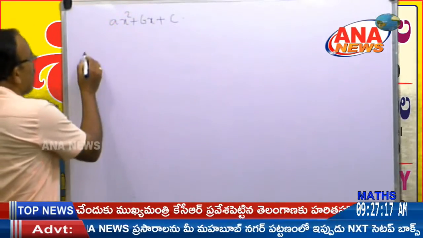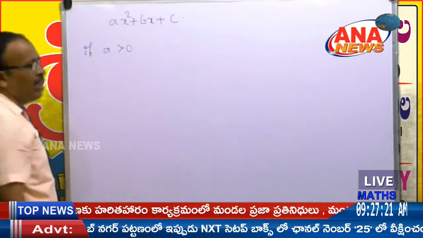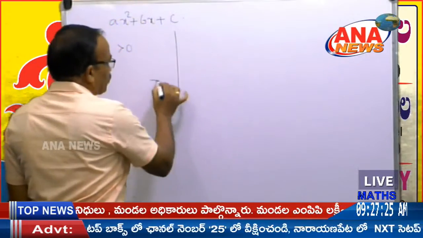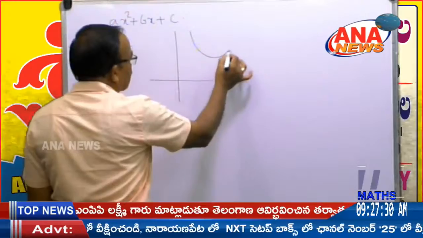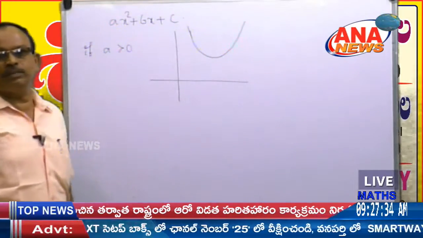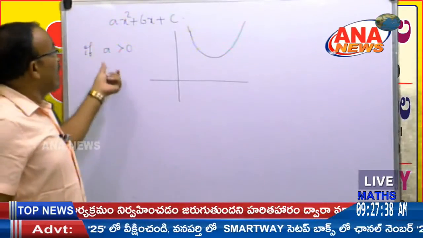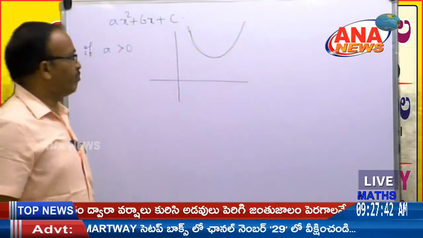If a greater than 0, already I explained this. A greater than 0, one case is like this, open to above. This is a parabola. ax square plus bx plus c is a parabolic curve. If a greater than 0, it opens to above, like this one.